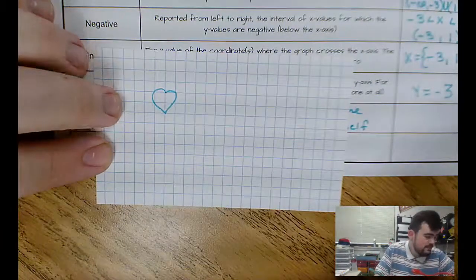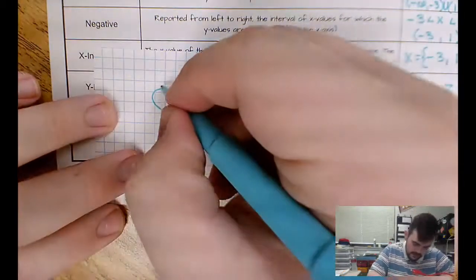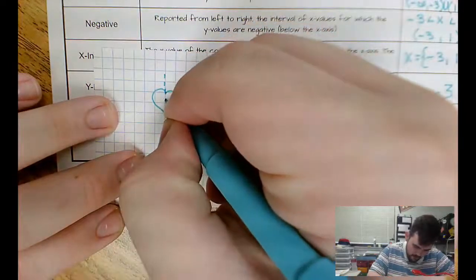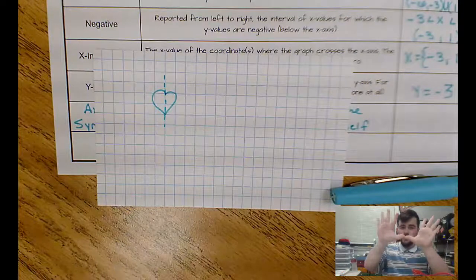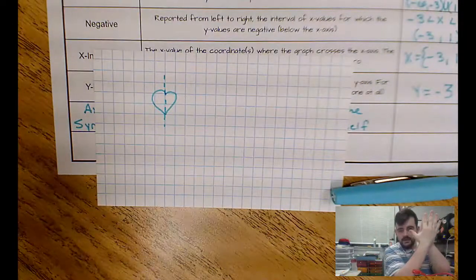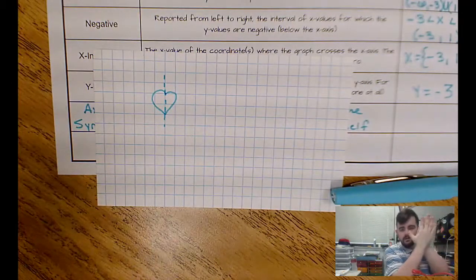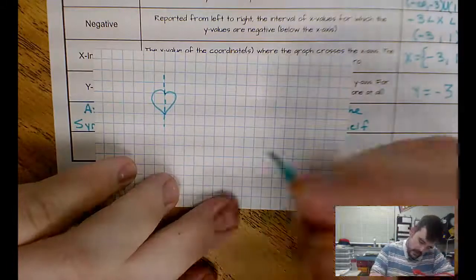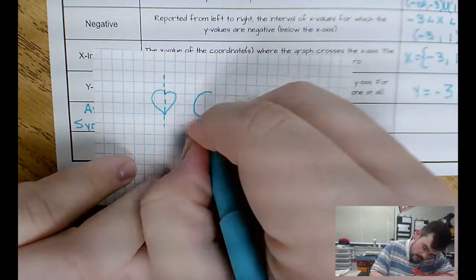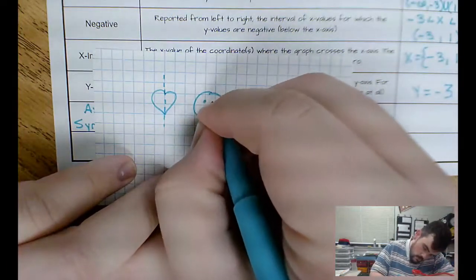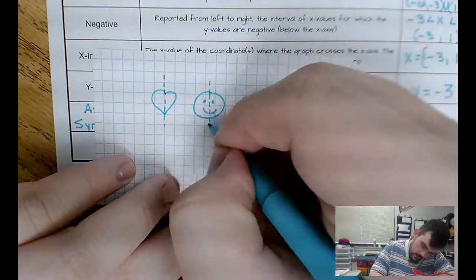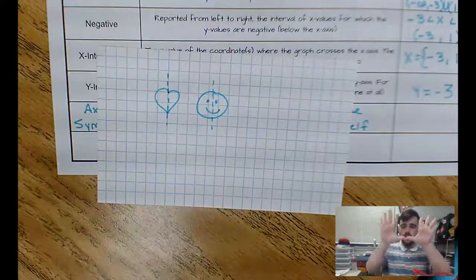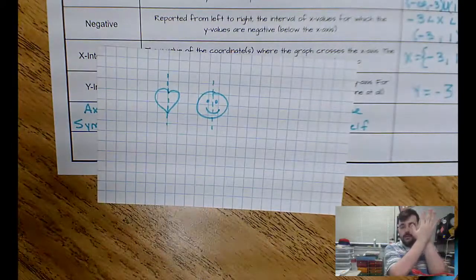The line of symmetry for this heart would just be this line right here, because I could take that heart and fold it onto itself, and it would perfectly overlap. Same thing here with this smiley face. Well, I drew it a little bit crooked, but I could fold it onto itself and it would perfectly line up.